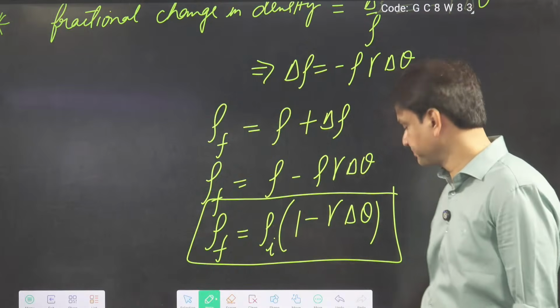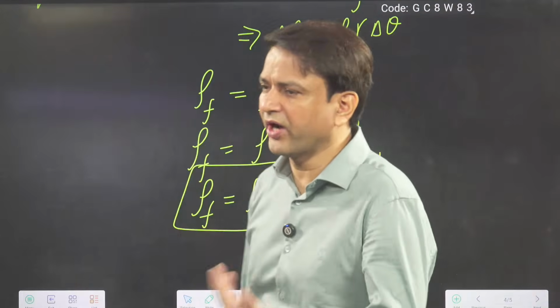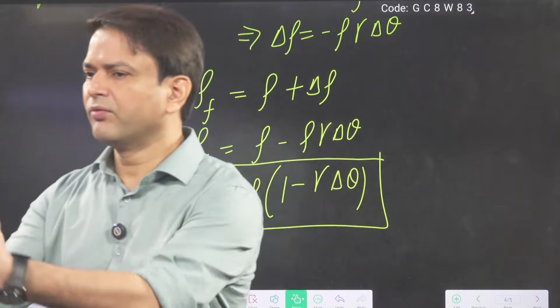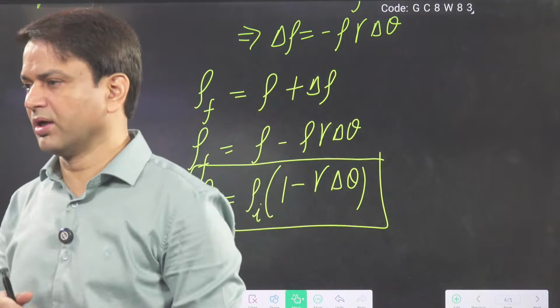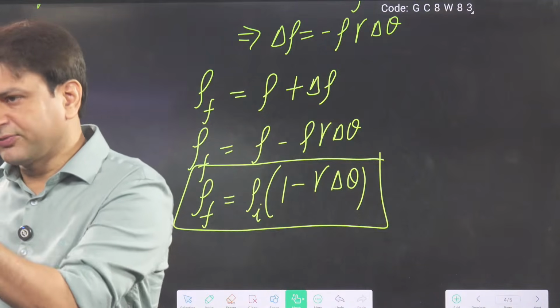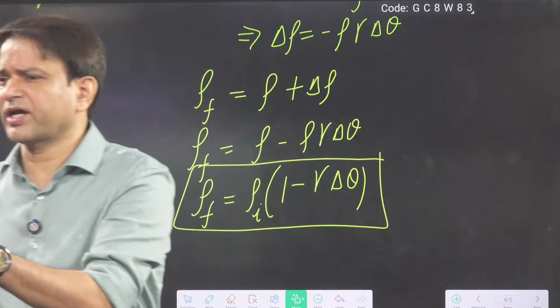Up to this, okay? Now one more thing, listen. Basically, V final is equal to V initial into 1 plus gamma delta theta, which we got by using thermal expansion. Listen carefully, this formula we have to remember. In the NCERT, only one question is given on density, where they ask the fractional change in the density.